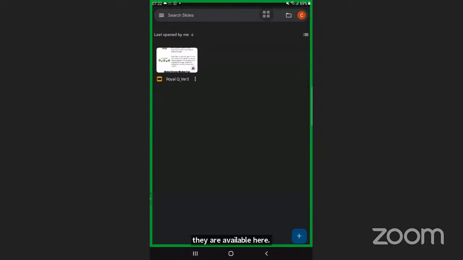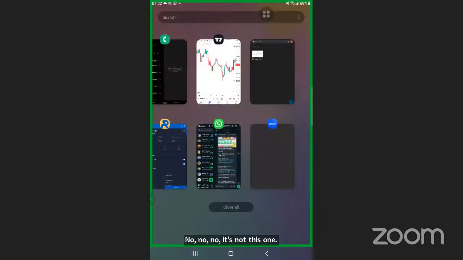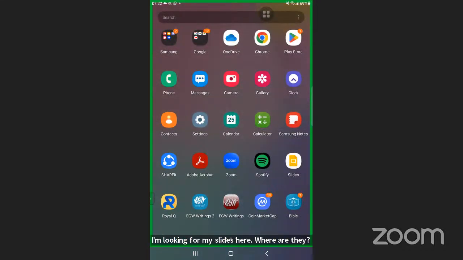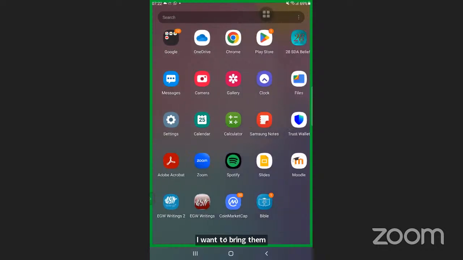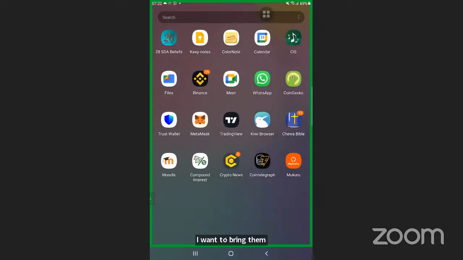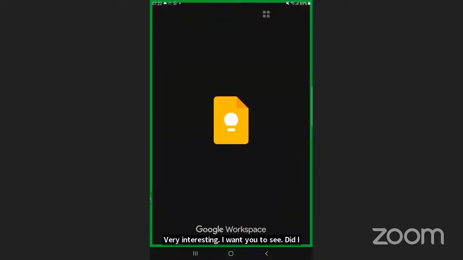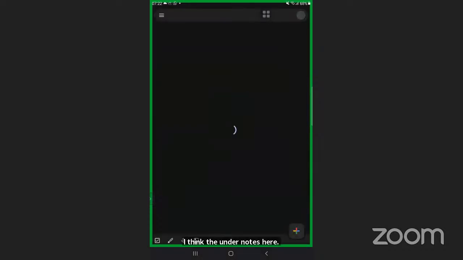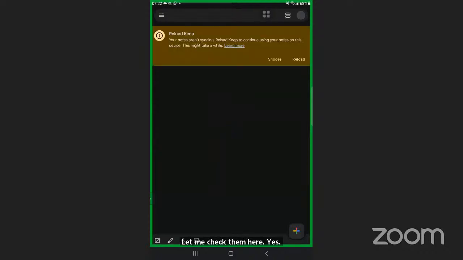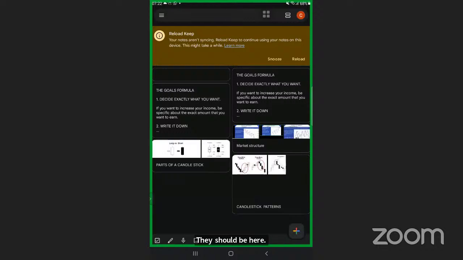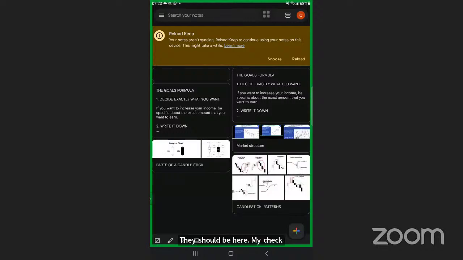I think they are under notes here. Yes, they should be here. My chart patterns, I think they are here. Let me bring them here.